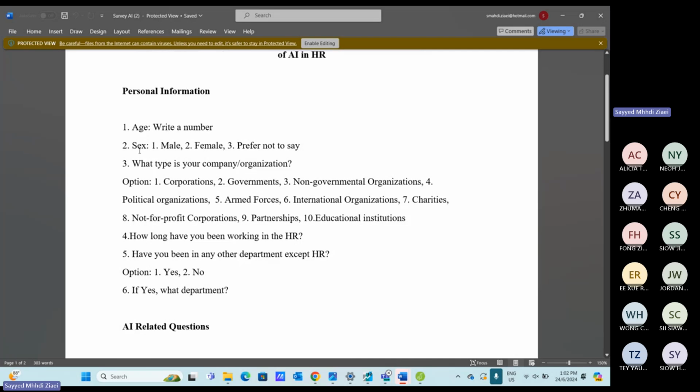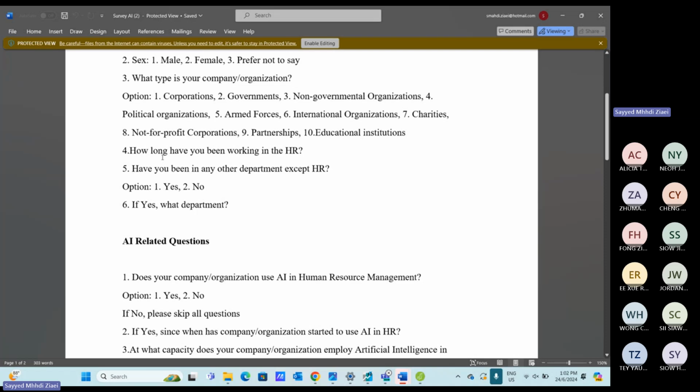Okay, the kind of questions that we have here: age, write a number. Sex: male, female, prefer not to say. What type is your company organization? Option 1, corporation, government, and so on and so forth. Question number 4, how long have you been working in HR?